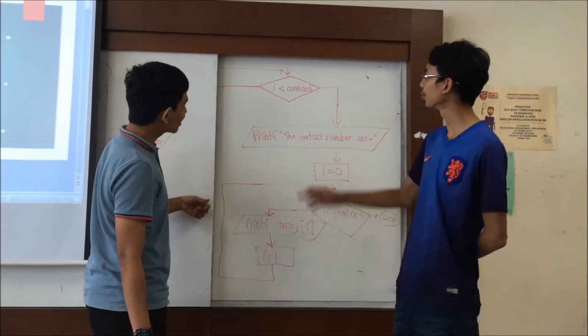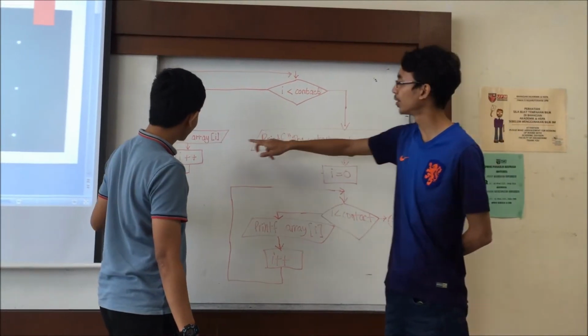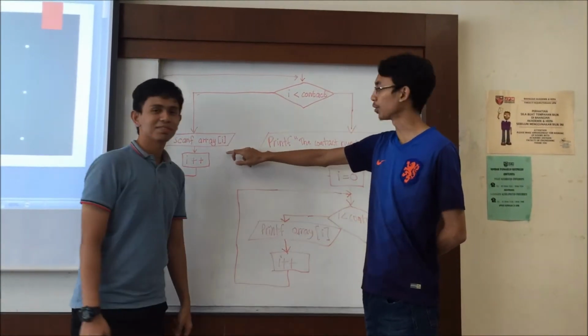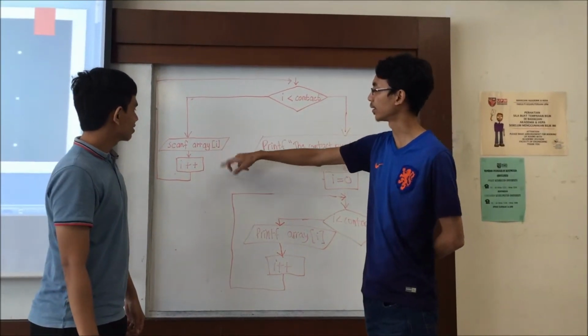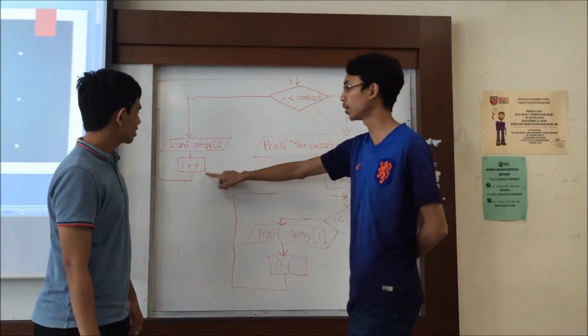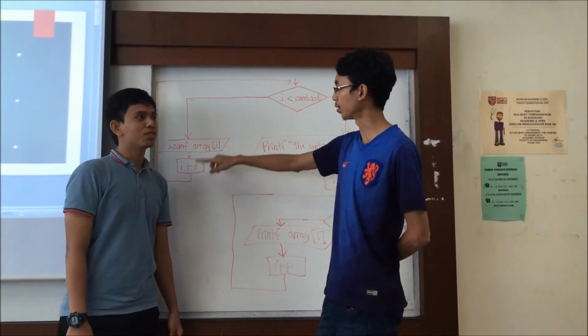Next, we use looping to scan the contact number. Looping, and i is incremented.